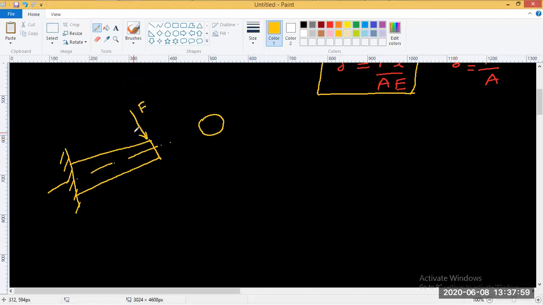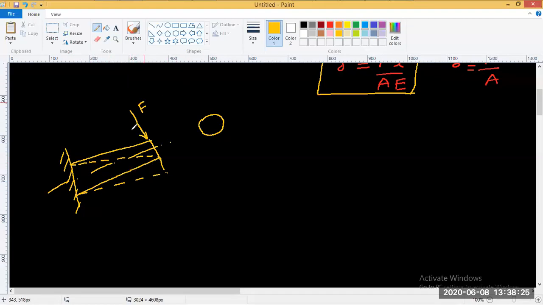You can imagine how the deformation will occur, right? You know that it will deform in this fashion. The entire thing might go like this, the dotted fashion which I've shown, so it might bend entirely in this way.